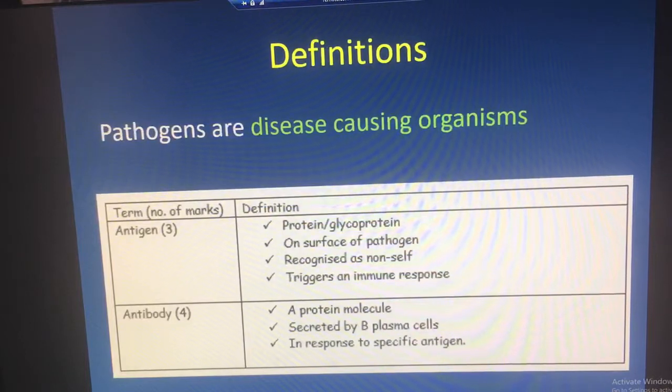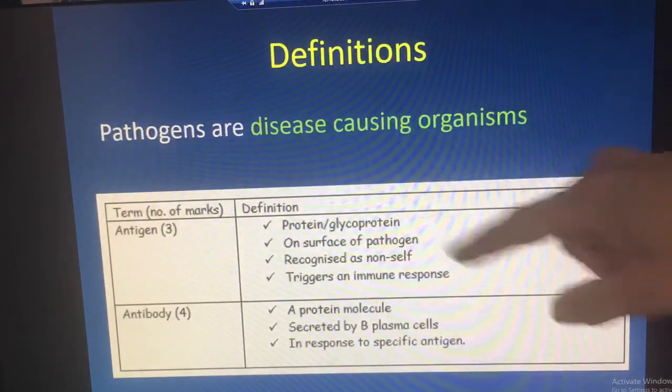Our body cells will also be covered in proteins and glycoproteins. They'll be covered in antigens, but they will be recognised as being self-antigens belonging to the host organism, and they would not trigger an immune response.